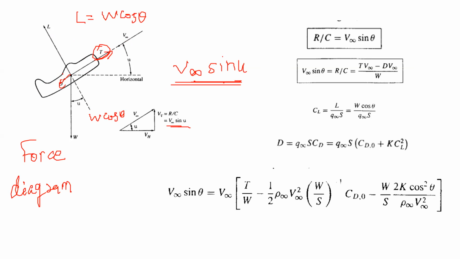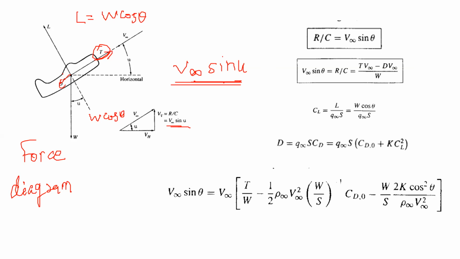Sir, can I say the answer? Yeah. It will be T cos theta plus L sin theta equals drag and weight sin theta. Here it isn't drag, but weight sin theta should be there.